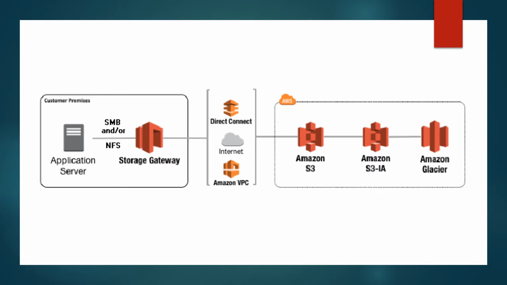After the file gateway is activated, you create and configure your file share and associate that share with your Amazon S3 bucket. Files written to a file share become objects in Amazon S3 with the path as the key. There is a one-to-one mapping between file and object, and the gateway asynchronously updates the object in Amazon S3 as you change the file.